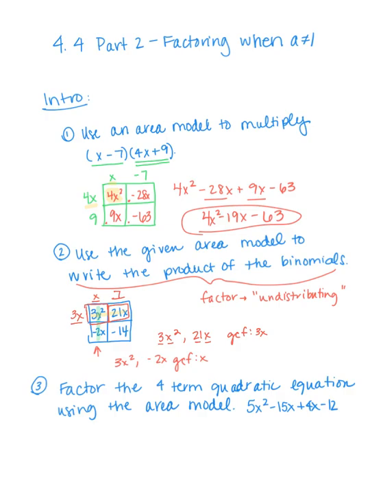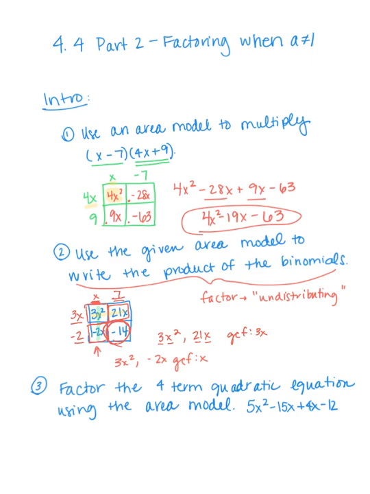And then for this box, we want to know if it's negative 2x, what are we multiplying x by, this x up here? Okay, so x times what is negative 2x, and that's a negative 2. And then we're going to check this last spot. Is negative 2 times 7 equal to negative 14? And it is.